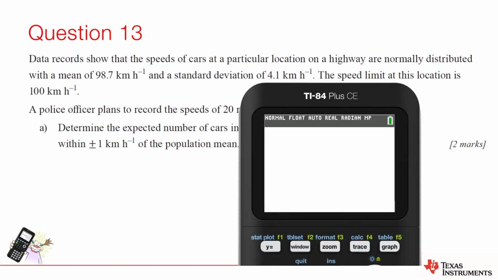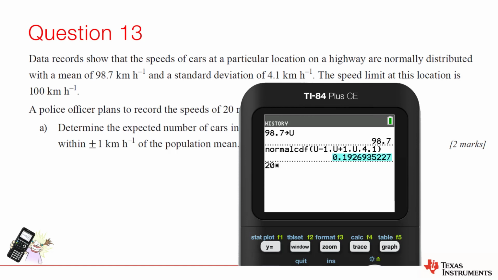For convenience, I'll store the mean in U. So, we see the probability of a single vehicle travelling within 1 km an hour of the mean speed is 0.193. Therefore, in our sample of 20 cars, we would expect to see approximately 4 cars.